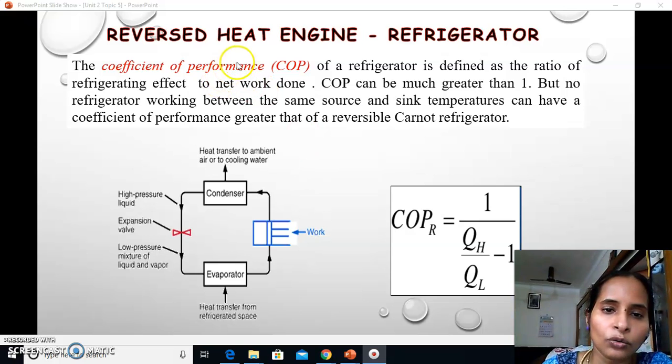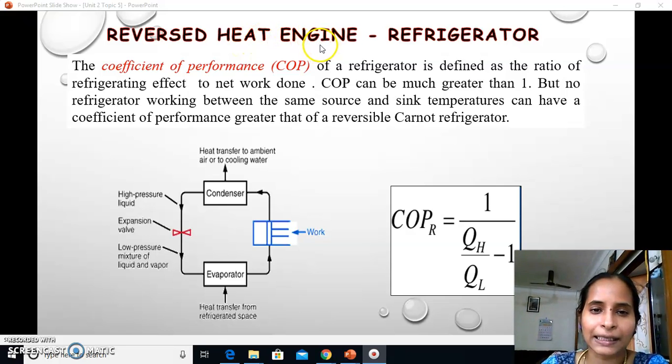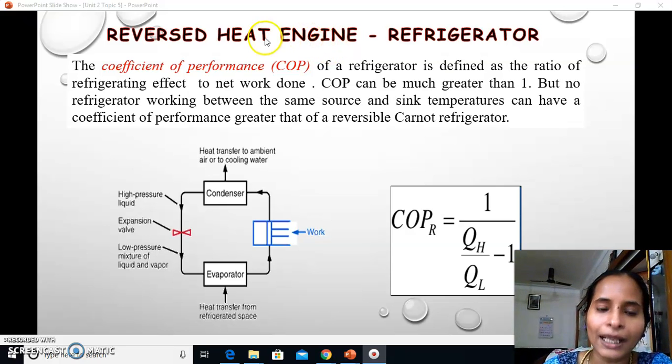Only when the direction of the normal heat engine is completely reversed are they called reversed heat engines.